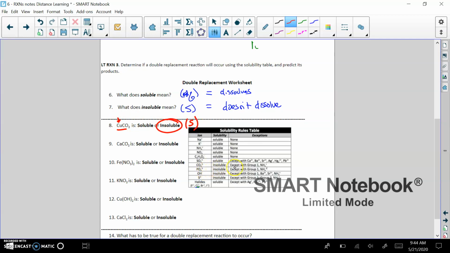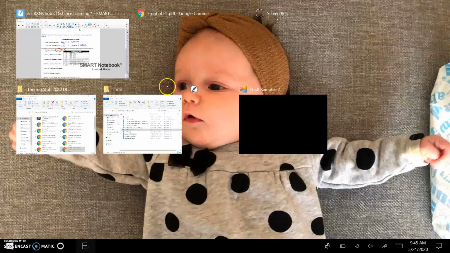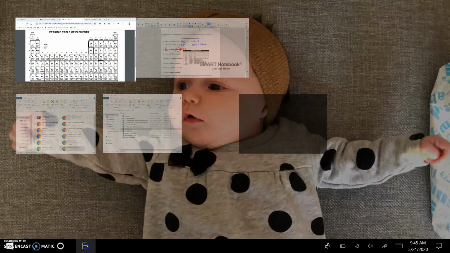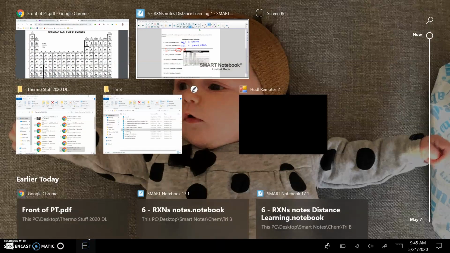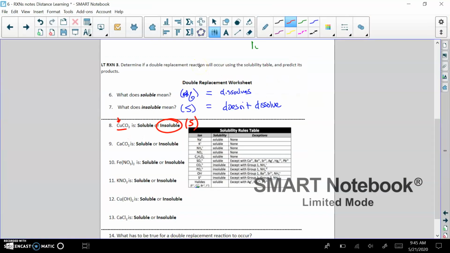CaCO3, insoluble, except with group 1. Well, let's see if calcium's a group 1 metal. Calcium's a group 2 metal, so therefore it is not. It is insoluble. That would be a solid.